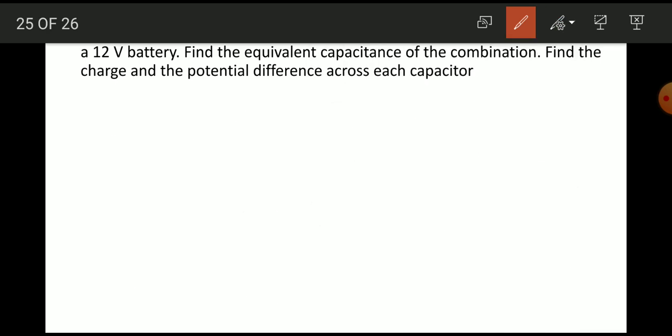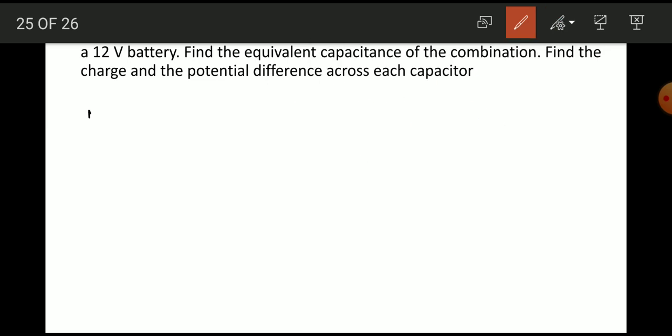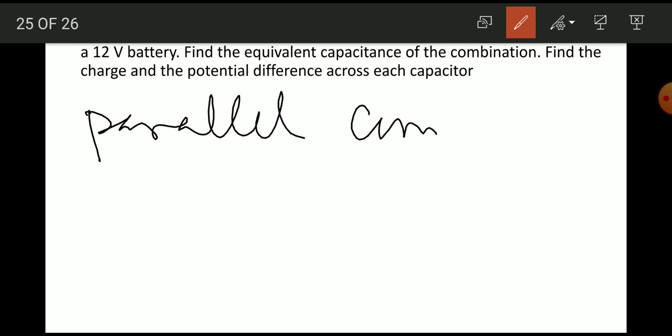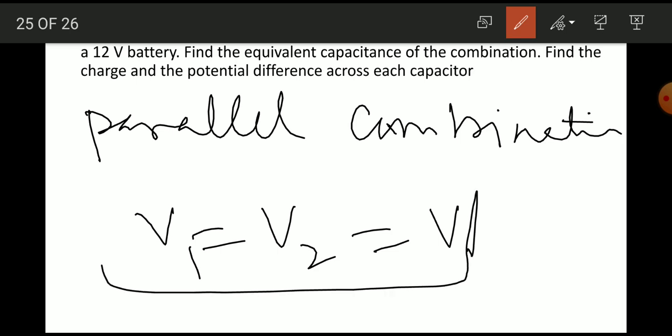In parallel combination, when capacitors are connected in parallel, the voltage V1 will be equal to V2 will be equal to V, the voltage given at the beginning.